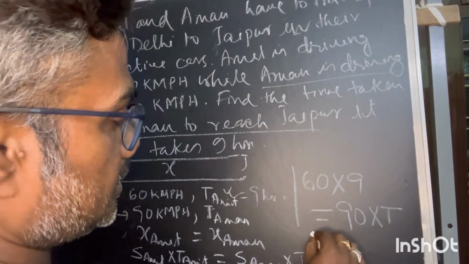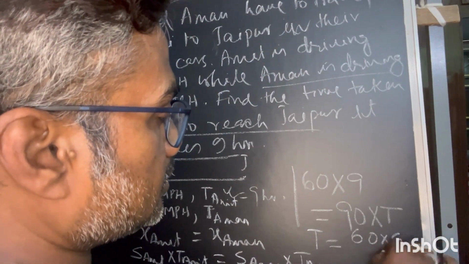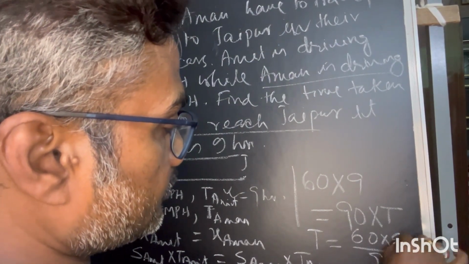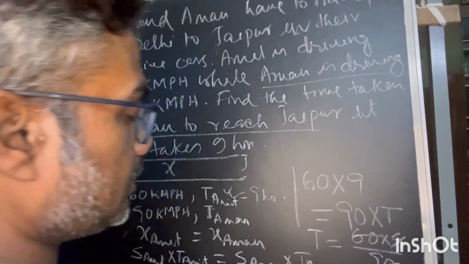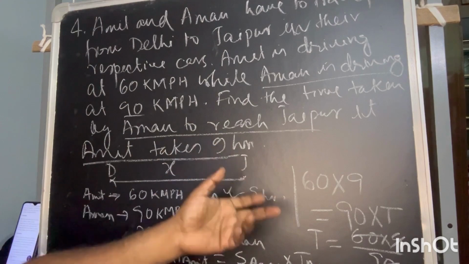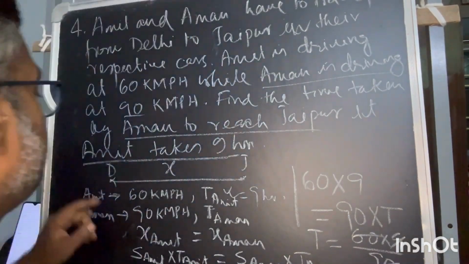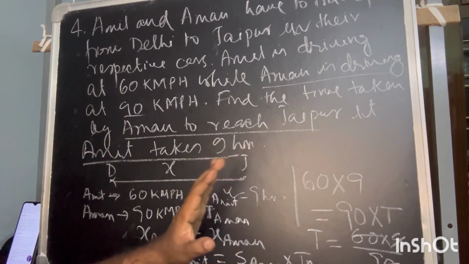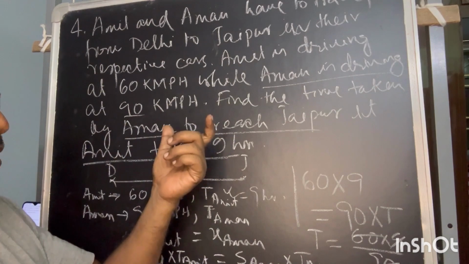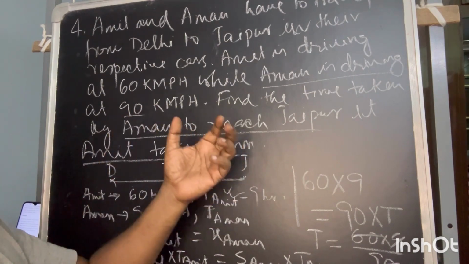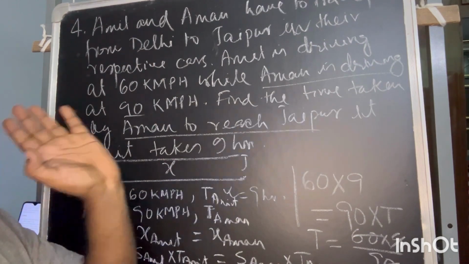This is exactly the simplest solution that anybody can think of. The time is in hours because I have not changed any unit. So this is your answer. Your answer has to be concluded, and that conclusion will be that Aman is taking 6 hours to reach Jaipur from Delhi.